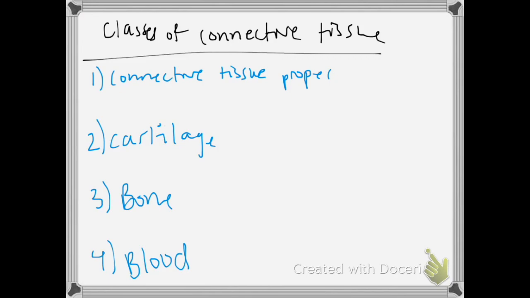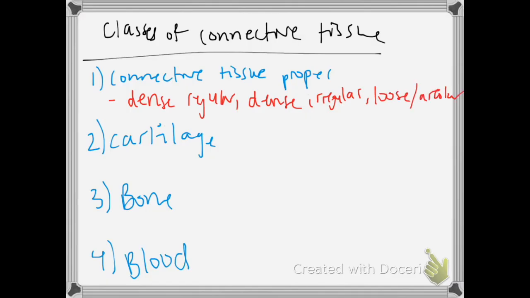So connective tissue proper, let's go in a little bit more. We have dense, regular connective tissue. We have dense, irregular connective tissue. And then we have loose or areolar connective tissue. So cartilage, he mentioned hyaline cartilage, fibrocartilage, and then elastic cartilage, I think is his last one.